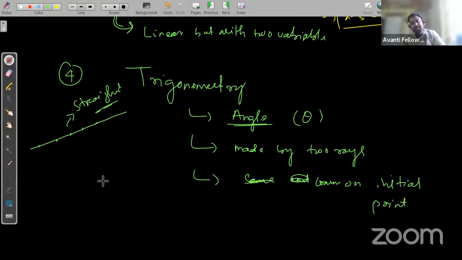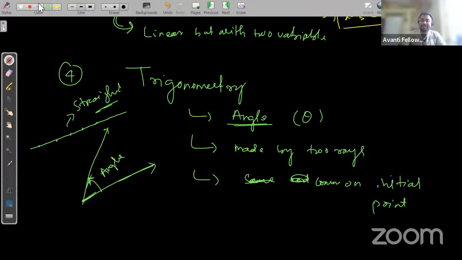Okay, so let's start. Actually the angle is the quantity of rotation, the measurement of rotation of a ray from an initial point to another point. So we can say the measurement of rotation of an initial ray to a final ray is my angle.